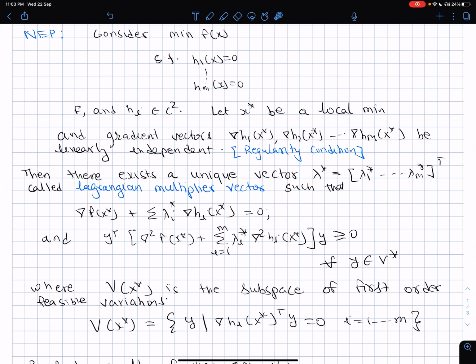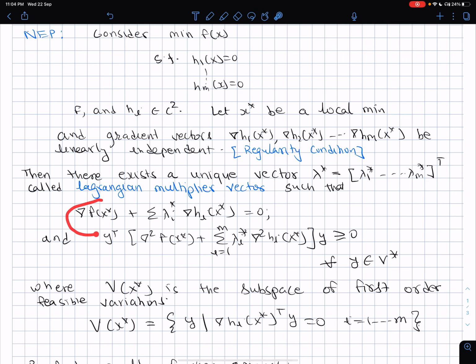And if all this is set, that is, there is a local minimum x star, it comes from C square and regularity conditions are met, then we can say with guarantee that there exists a unique vector of m Lagrangian multipliers, lambda 1 star, lambda 2 star to lambda m star, such that the gradient vector of the objective function can be expressed as a linear combination of the gradient vectors of the constraint functions, all being evaluated at x star.